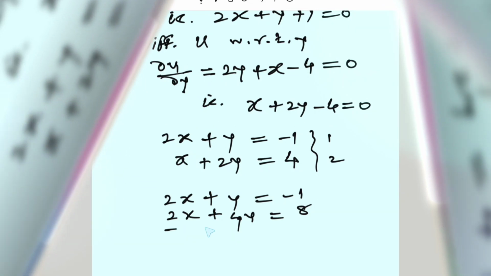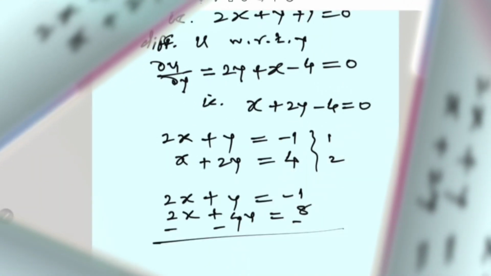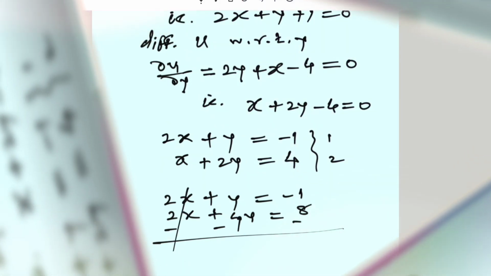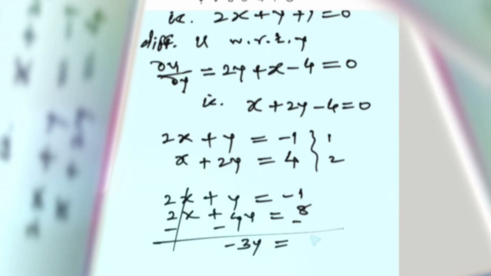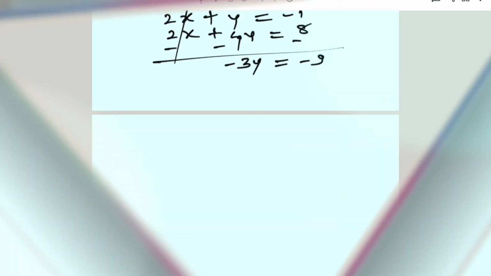Then subtracting, 2x − 2x cancels, y − 4y gives −3y, and −1 − 8 is −9. Dividing by −3, we get y = 9/3 = 3.